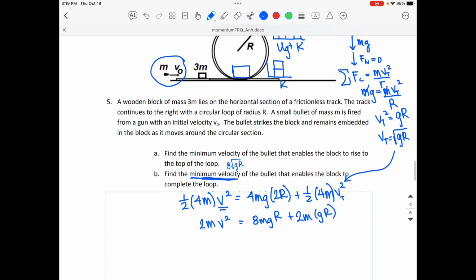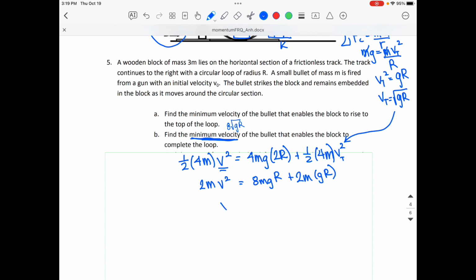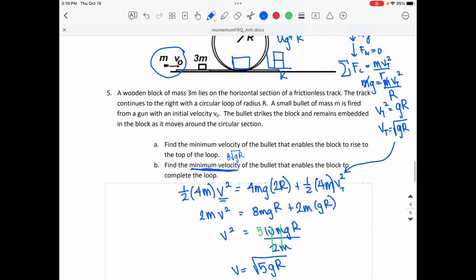And when I simplify all of this down, I get v squared is equal to 10mgr all over 2m, this cancels out, this reduces to 5, and when I take the square root, v is equal to square root of 5gr.